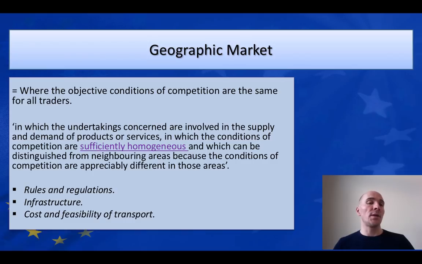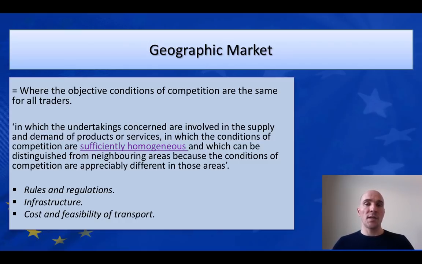So that's what we should look at. Another way of putting it, the second part here, the market, geographic market, is the area in which the undertakings concerned are involved in the supply and demand of products or services, in which the conditions of competition are sufficiently homogeneous, and which can be distinguished from neighboring areas because the conditions of competition are appreciably different in those areas.